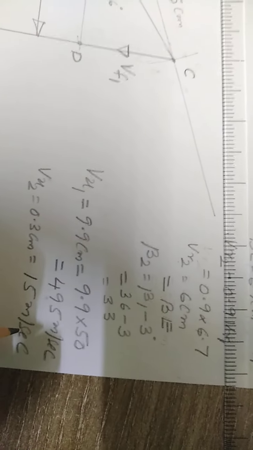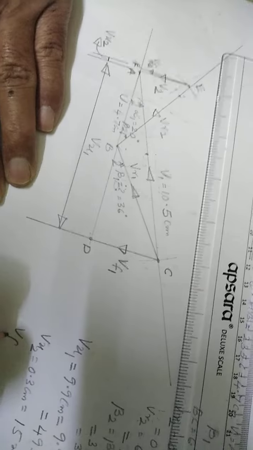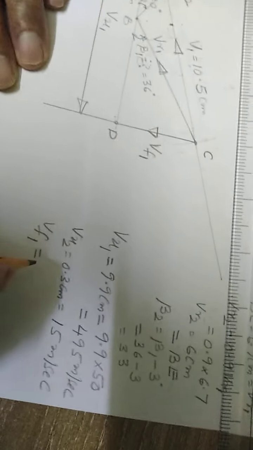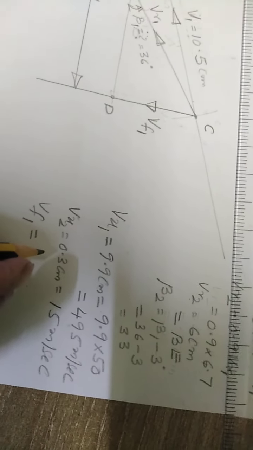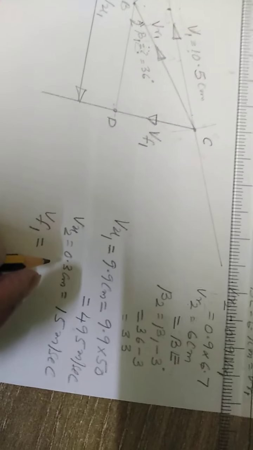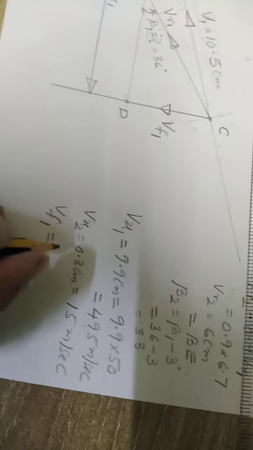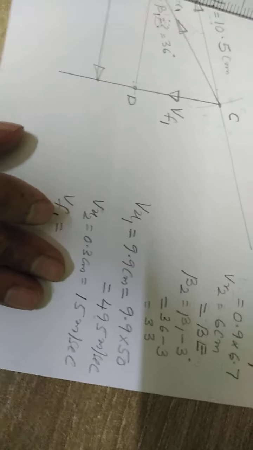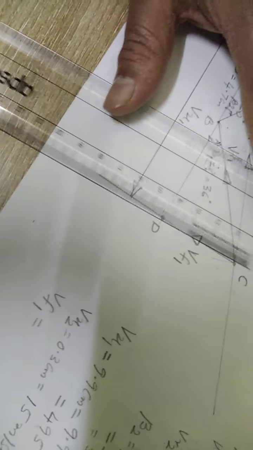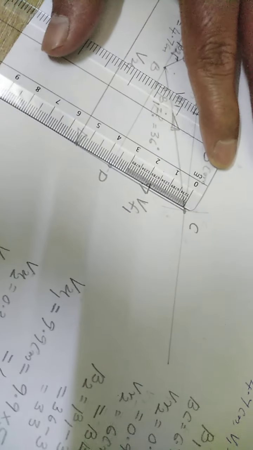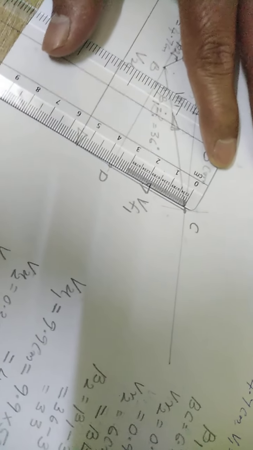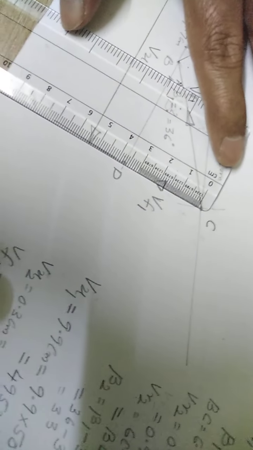Similarly, you measure VF1. All these values are needed to calculate different things. VF1 is 3.4 centimeters.